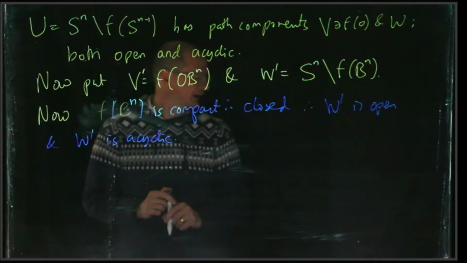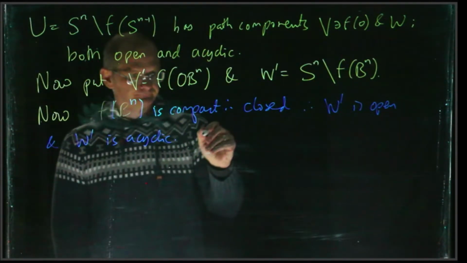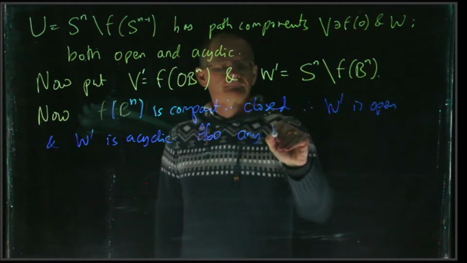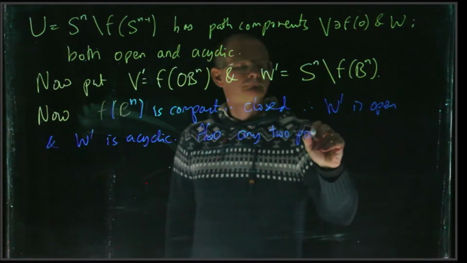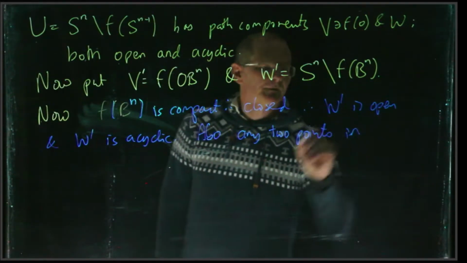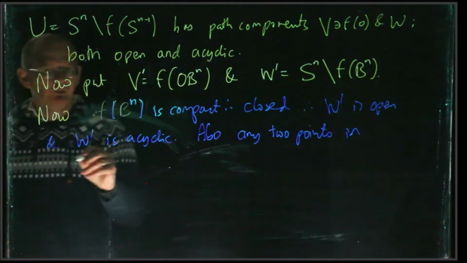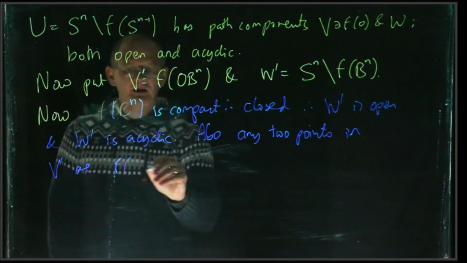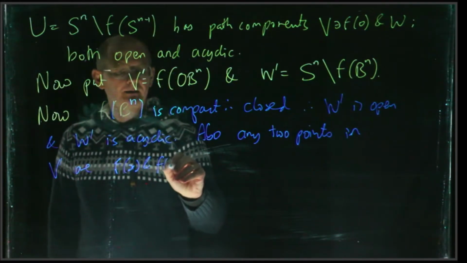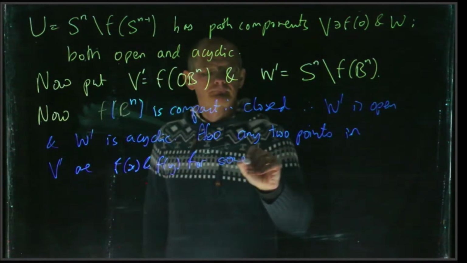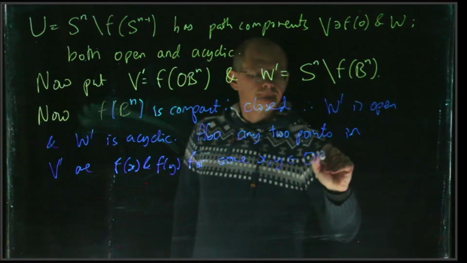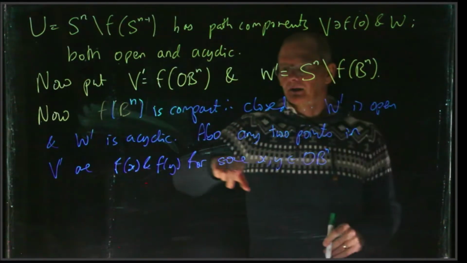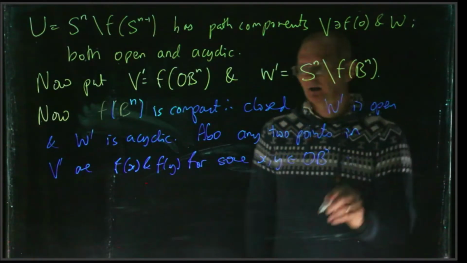We don't know that yet, but we do know that any two points in V prime are f of x and f of y for some points x and y in the open ball.